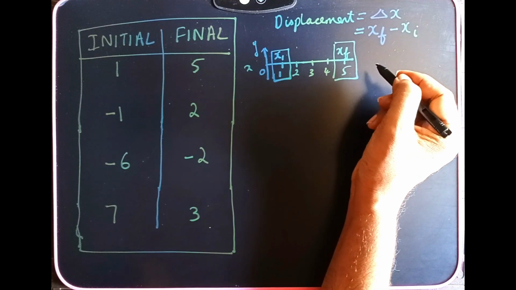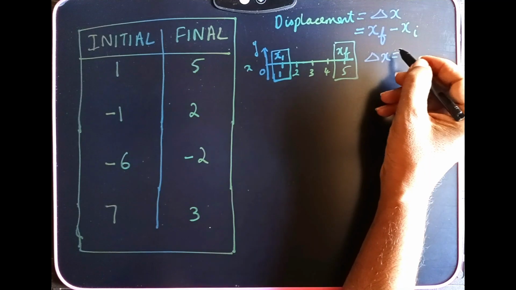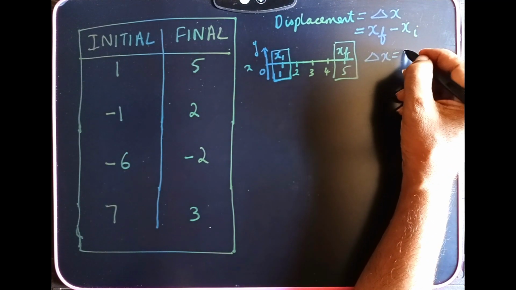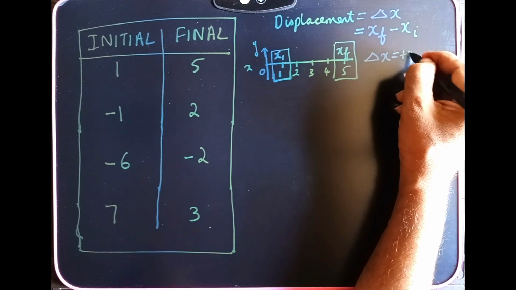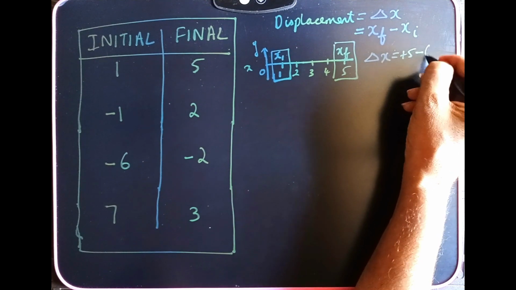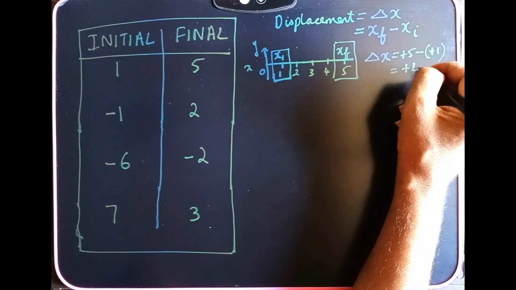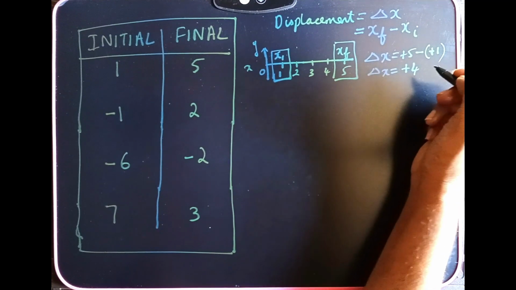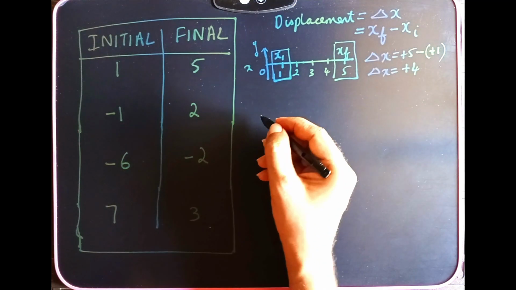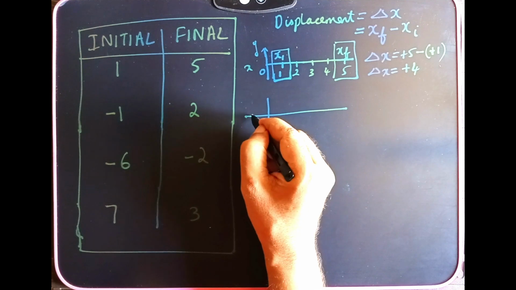Now to calculate the displacement, what do I do? Delta x is positive 5 minus positive 1. This will give us positive 4 in the first case. In the second case, let us plot on the coordinate system.